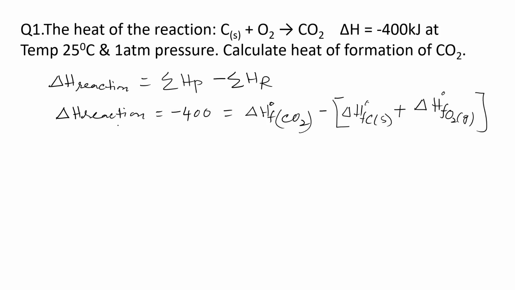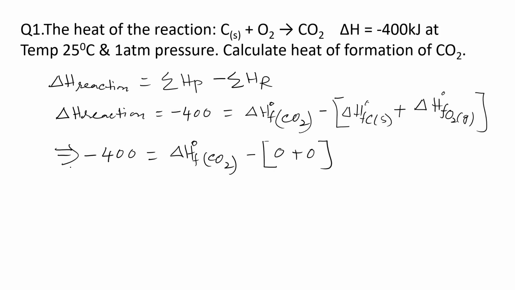So we can write: minus 400 is equal to delta HF naught, the enthalpy of formation of carbon dioxide, minus these elements in the naturally occurring state, so this enthalpy will be 0 plus 0, that means 0.